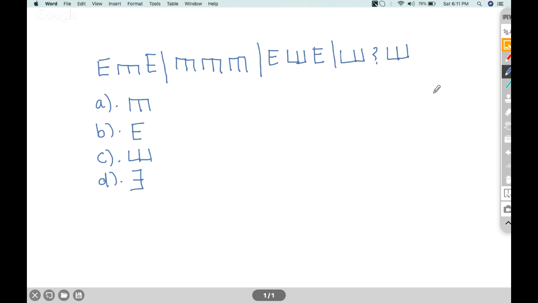Okay, a lot of you are saying C, so option C is correct. See what is happening. Whatever is coming here in between, that is repeated three times here. So whatever is coming here in between, that will be repeated three times here. That is why the option would be C.